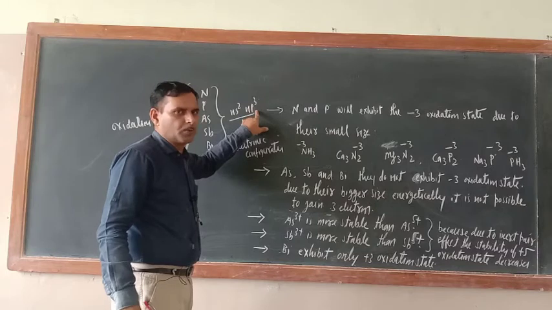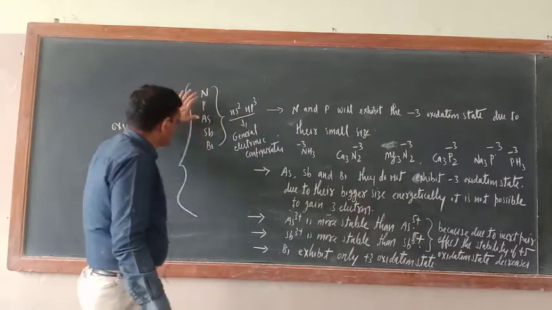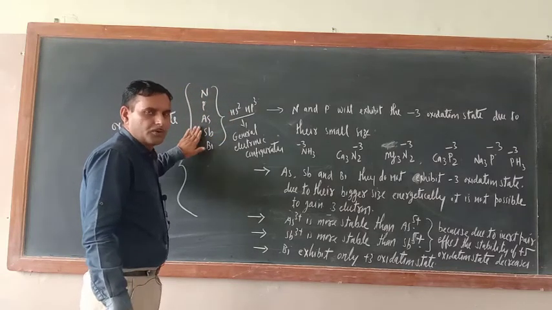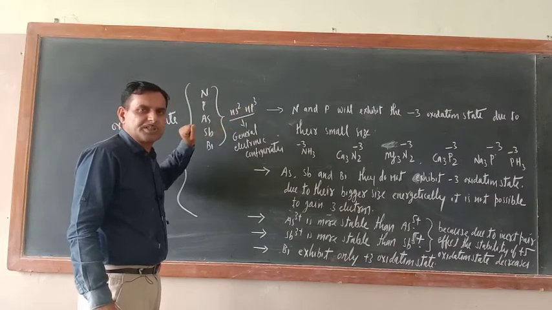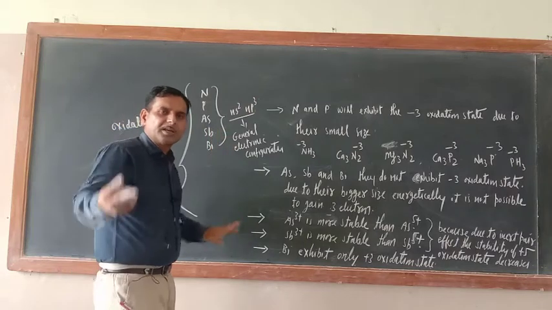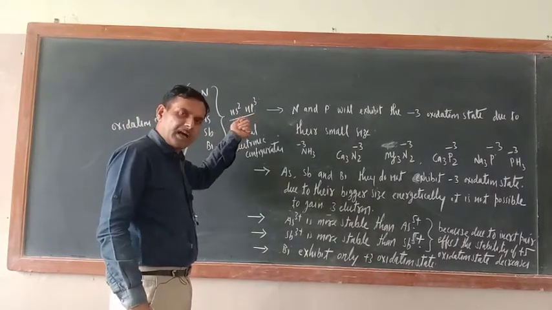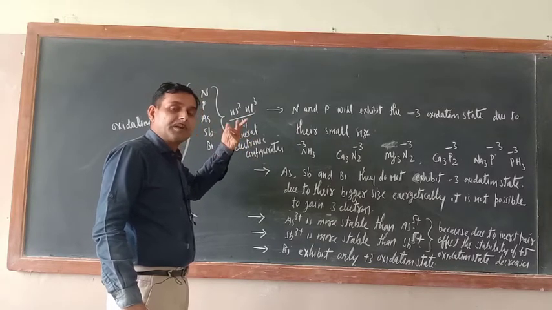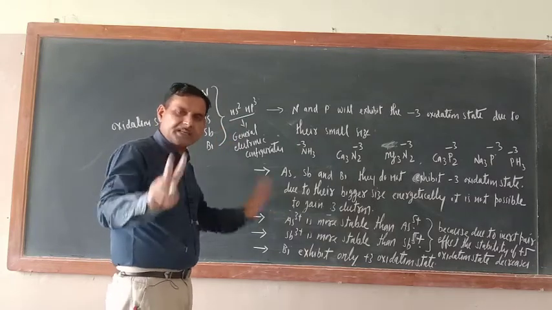This is the general electronic configuration for all. So they should exhibit the -3 oxidation state, because in the p orbital 3 electrons are there. If from somewhere they acquire or gain 3 more electrons, then the p orbital will be completely filled. But this is not the case.